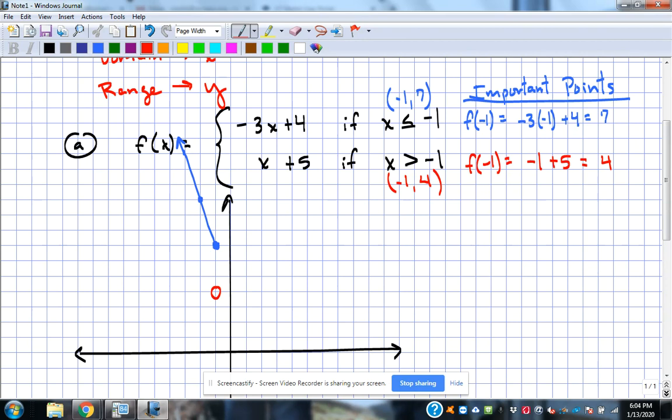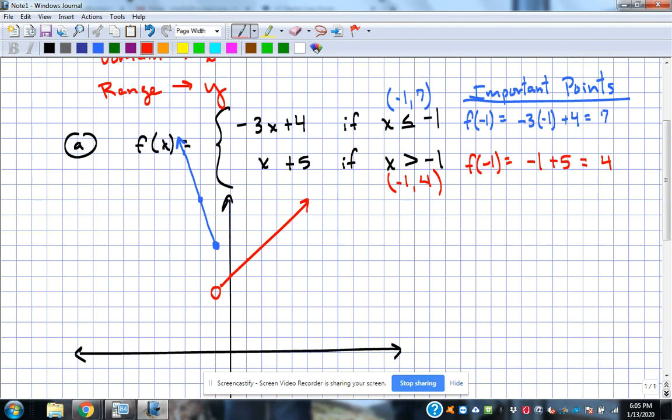So if I follow the slope is 1, I'm going to go up 1 over 1, up 1 over 1, up 1 over 1, and I draw that line. And that gets me my graph. That is the picture of what I'm looking at as far as a piecewise defined function.